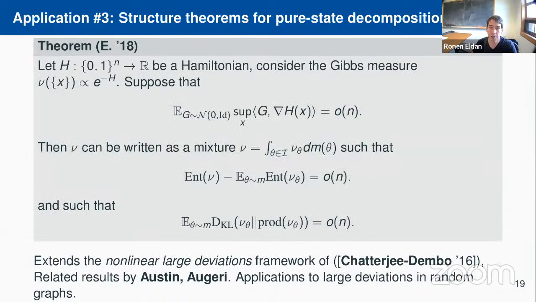The third application, or family of applications, are structure theorems which try to find sufficient conditions for pure state decompositions.